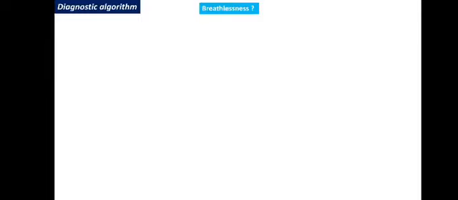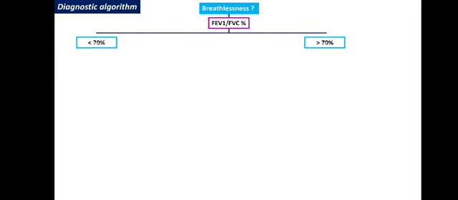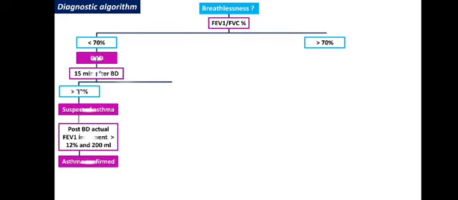Diagnostic algorithm: any breathless patient, first look at the FEV1-FVC ratio. If it is less than 70%, we have to think of obstructive airway disease. 15 minutes after bronchodilator, if it is more than 70%, it is suspected asthma. Post bronchodilator increment, if FEV1 increment is 12% and 200 ml, asthma is confirmed.